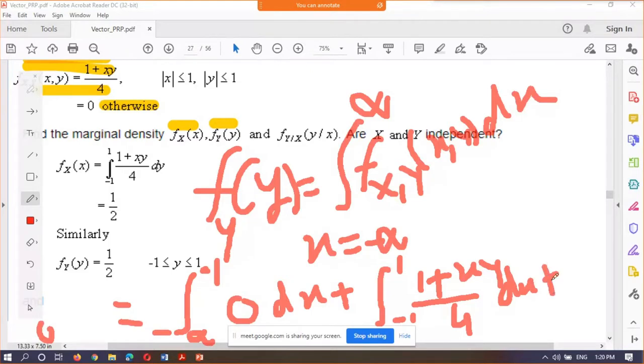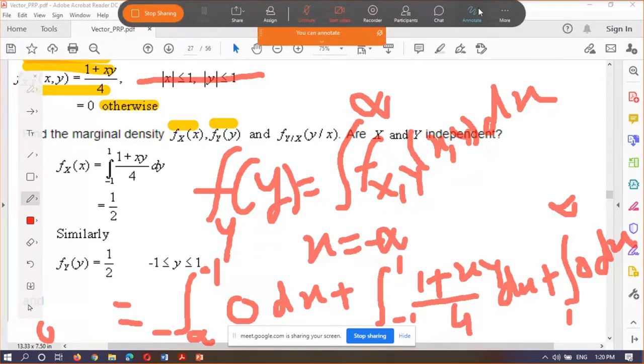And then again for the other domain 1 to infinity, it is 0. This is the way f x y is defined.